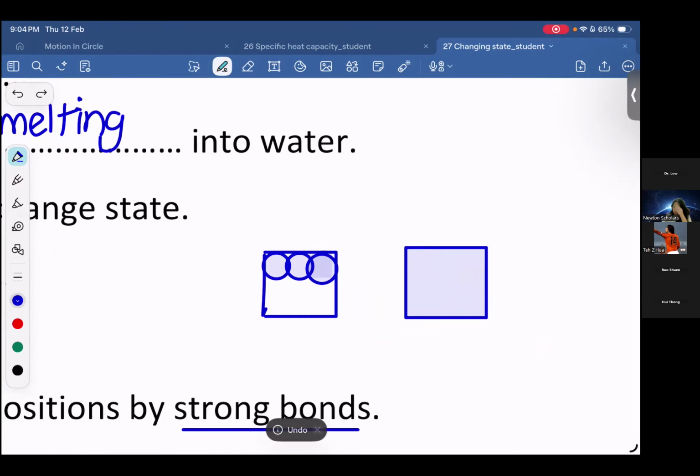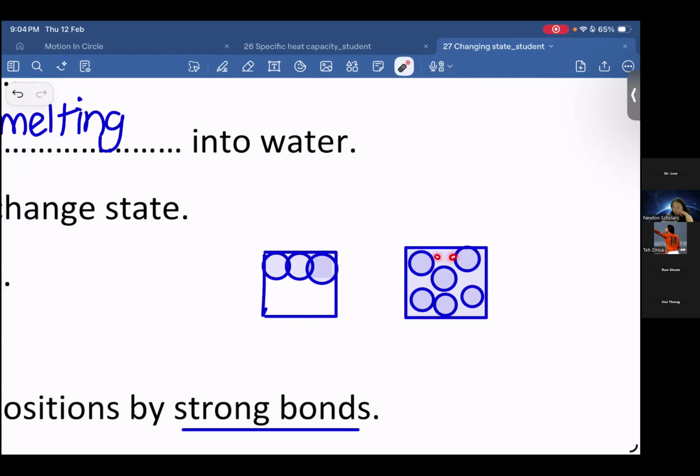If you're not touching, please make sure the distance between the particles is very small. For example, like this. You can draw some of them touching also, never mind. But if they don't touch, I need you to make sure the gap in between is smaller than one particle size.